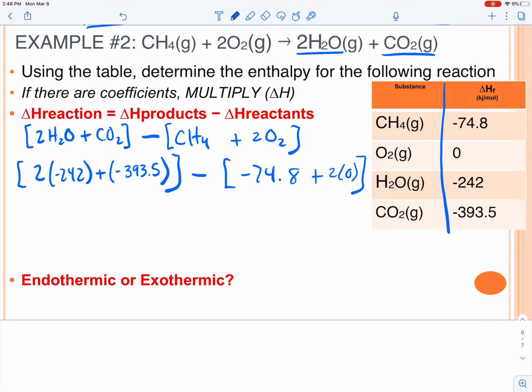All right, now we got to simplify our numbers. Be careful with your negatives, okay? So plus minus here. This is going to give me a really big negative number for my products. Minus, I've got a negative 74.8 here when I simplify it. So if I do minus a negative, I'm actually adding these numbers together.